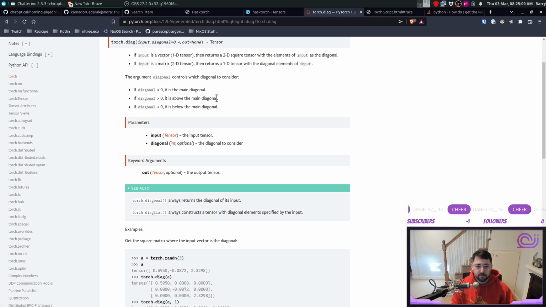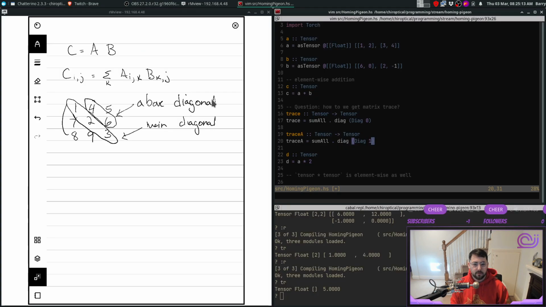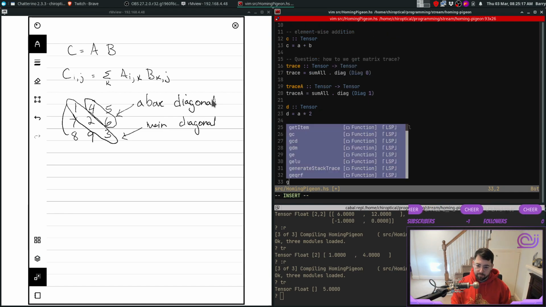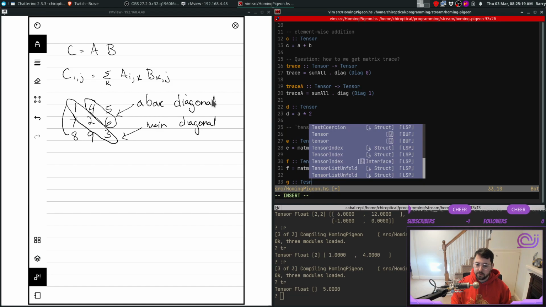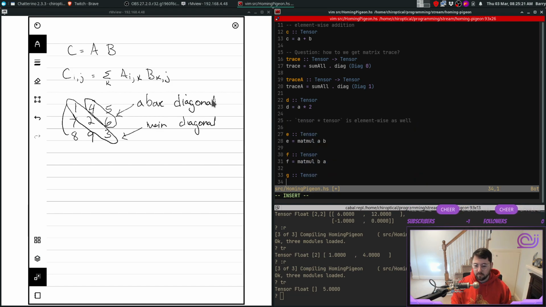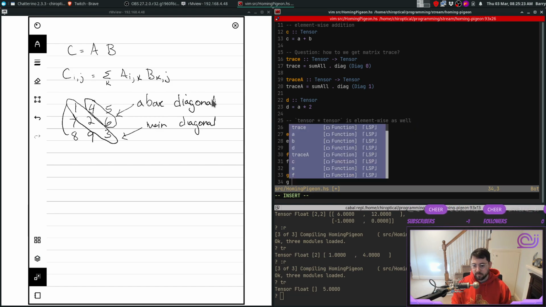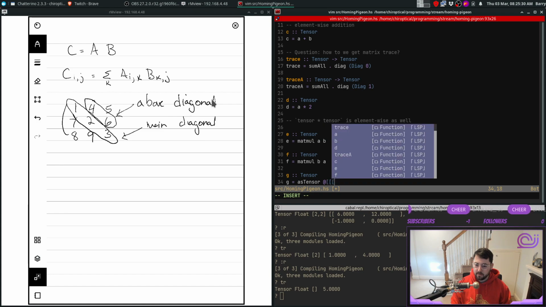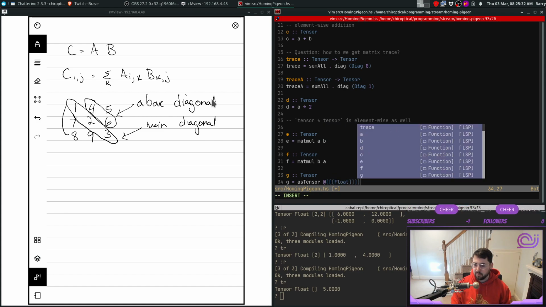And then if it's greater than 0, it's above the main diagonal. So if we give this thing a 3-dimensional tensor, hopefully it should give us the right thing, is the idea. So G is going to be a tensor, 3-dimensional floating point.